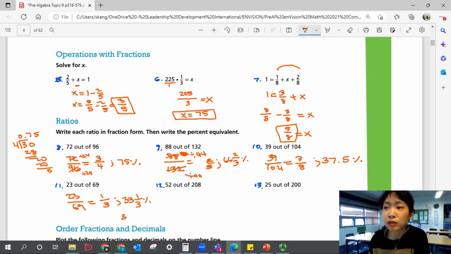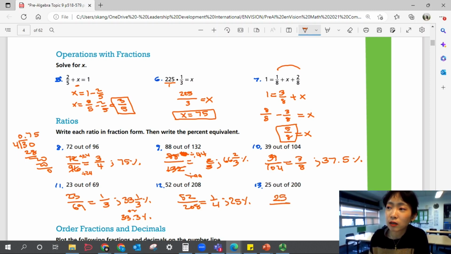Or you can do 33.3%. Okay? 52 out of 208 is simplified to 1 over 4. And 1 over 4 is just 25%. 1/4 of 100% is 25%.